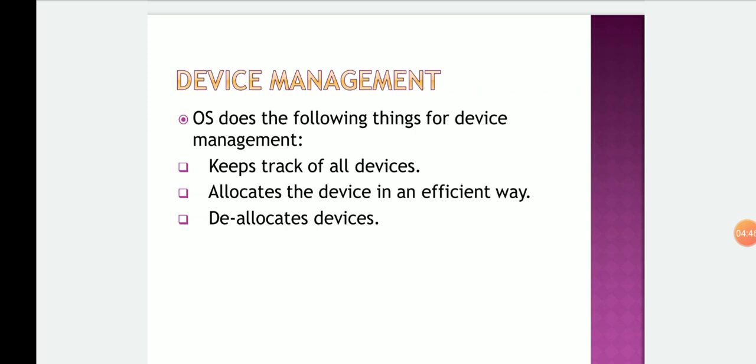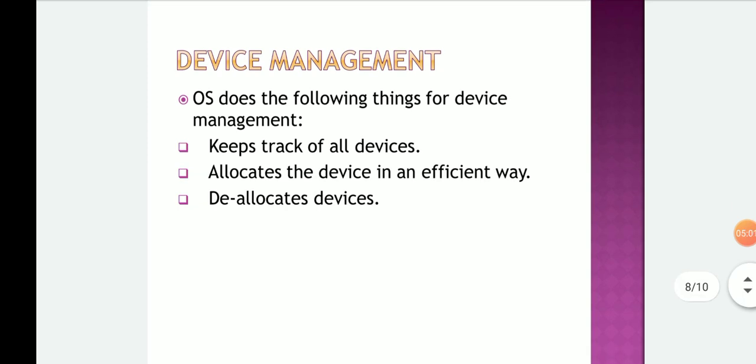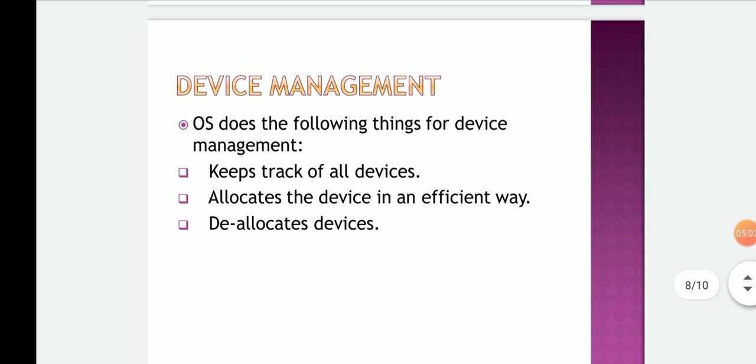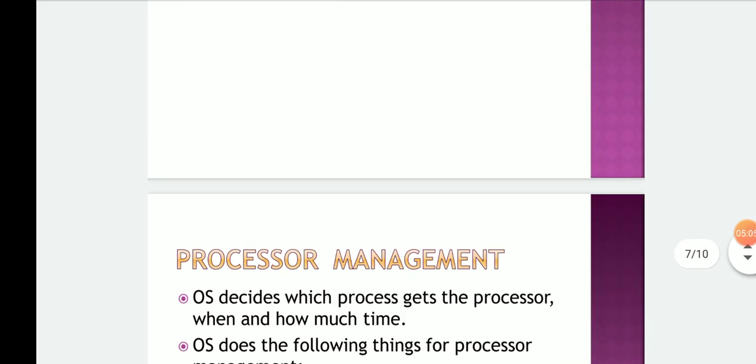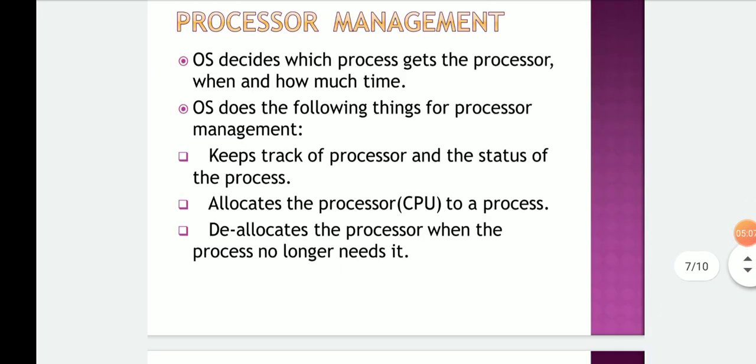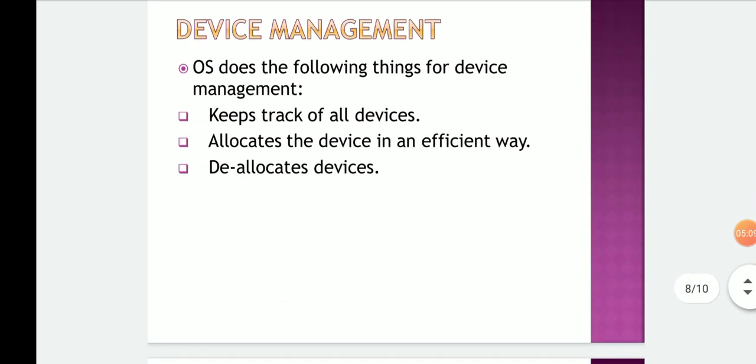It keeps track of all devices. The main role of the operating system is to keep track of all of these things. It allocates devices in an efficient way and deallocates devices, as I said in all the other managements, in process, in memory, etc. Everywhere the operating system is allocating, deallocating, etc.